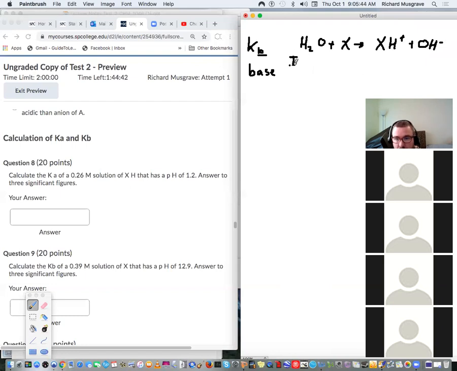And then we'll have our initial and our equilibrium. The X is 0.39, 0 and 0, and then 0.39 minus Z and Z and Z.